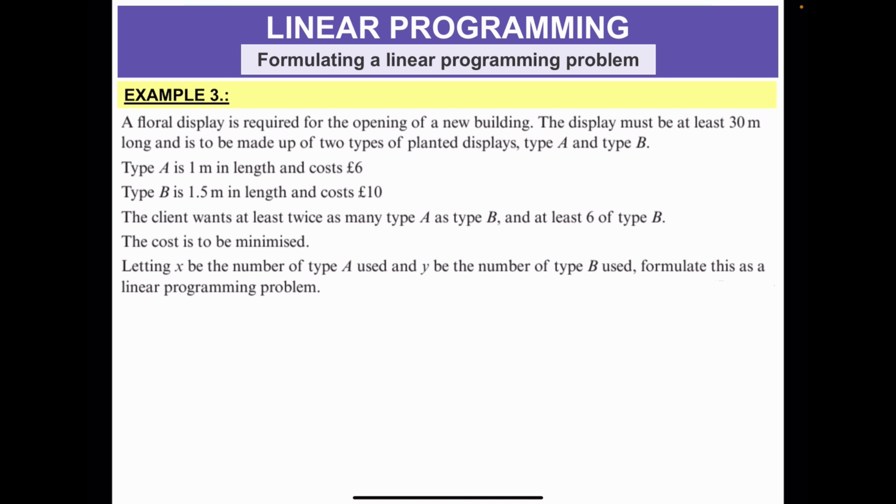So in this example, we have some floral display that is required for the opening of a new building. Now, display must be at least 30 meters long, and it's to be made out of two types, type A and type B. Now, type A is 1 meter in length and costs 6 pounds, type B 1.5 meters and costs 10 pounds.